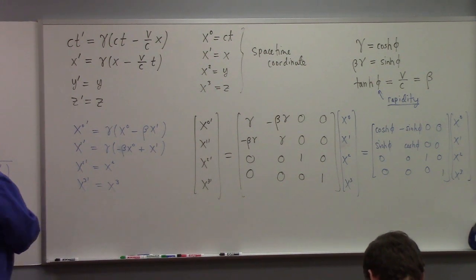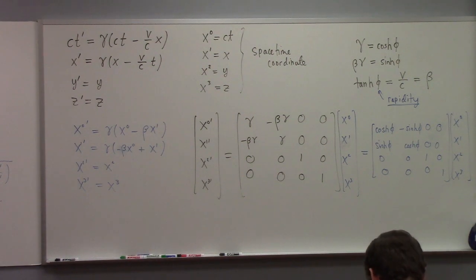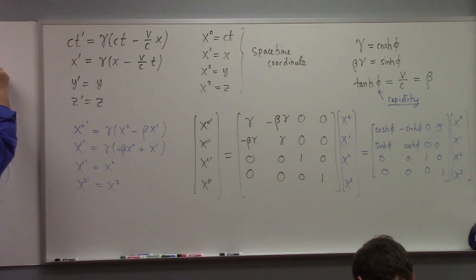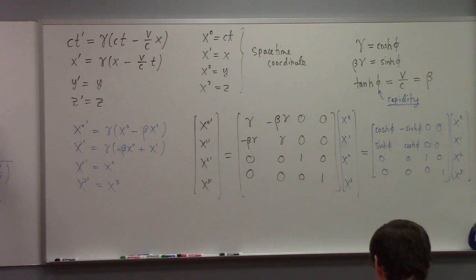Well, interesting thing: if you study how velocities add in terms of rapidity, let's say the tangent of phi 1 equals v over c, and the tangent of phi 2 equals u over c.